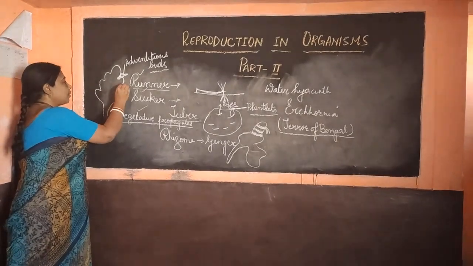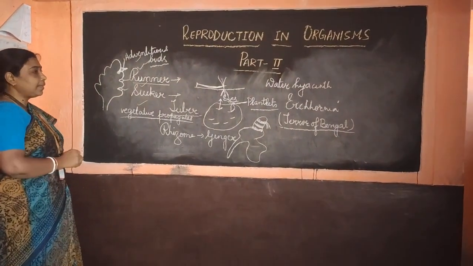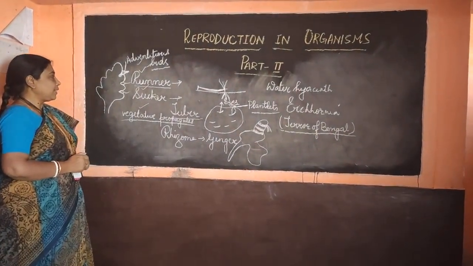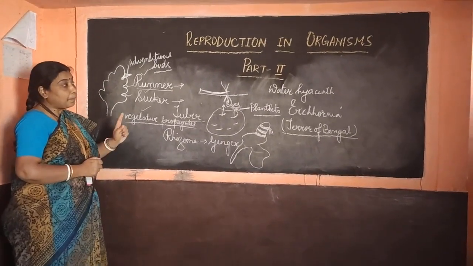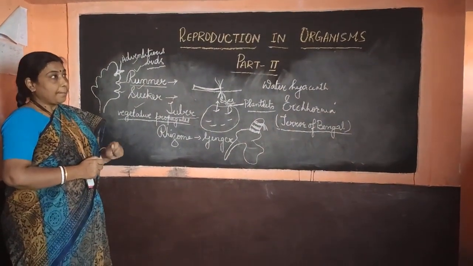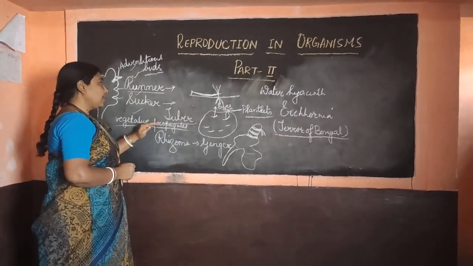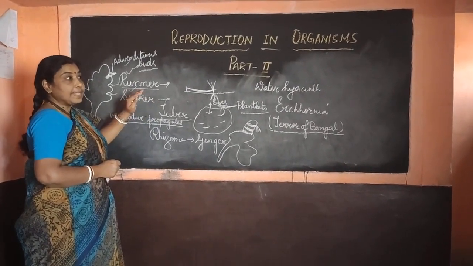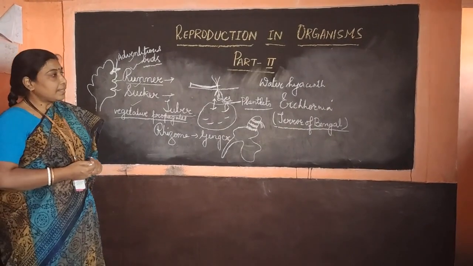So from all the notches the adventitious buds come out, and they are responsible for this process of reproduction. Now one thing is always to be remembered: under favorable conditions, plants try to undergo asexual reproduction. So in favorable conditions the asexual mode of reproduction is preferred. In unfavorable conditions, they may shift over to sexual reproduction.